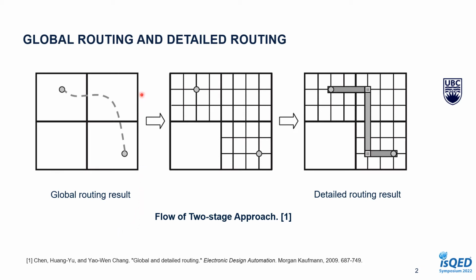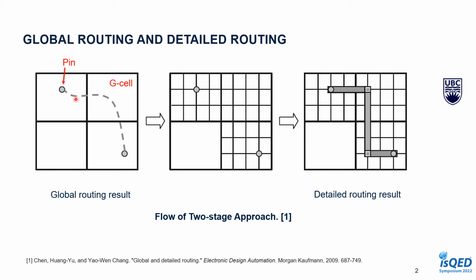For example, let's say we have a very simple design and it only has two pins. And by pin, I mean the pin of a standard cell, which is the physical connection of a standard cell. And we want to connect these two pins by a wire. What we do in global routing is that we put a grid on this design and divide it into 4 tiles, which we call global cells or G-cells.